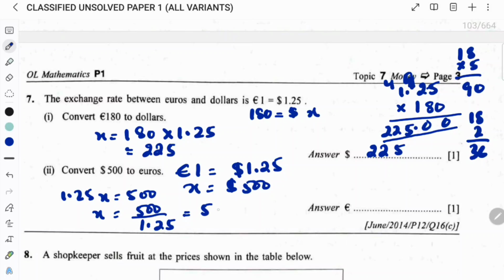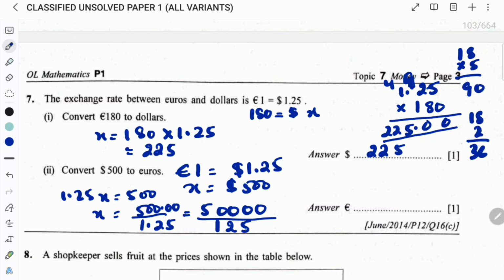Cancel 2 zeros, so 500 over 1.25 becomes 50000 over 125. 125 is an easy number.